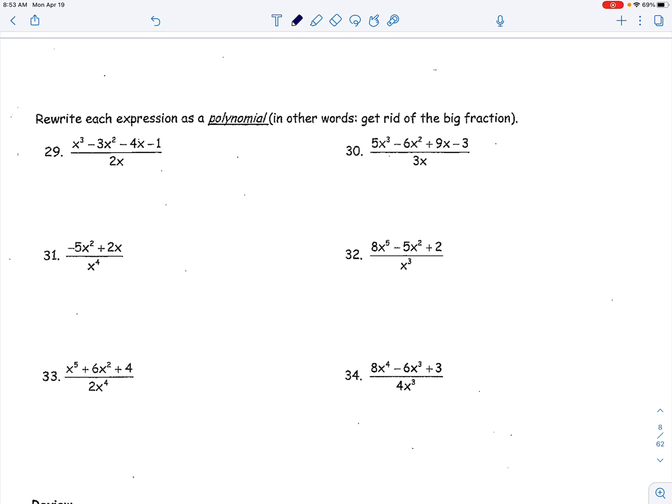All right. So like I said, each term here, you split them up. That's usually what I say with this. Divide. Each term here is getting divided by 2x.